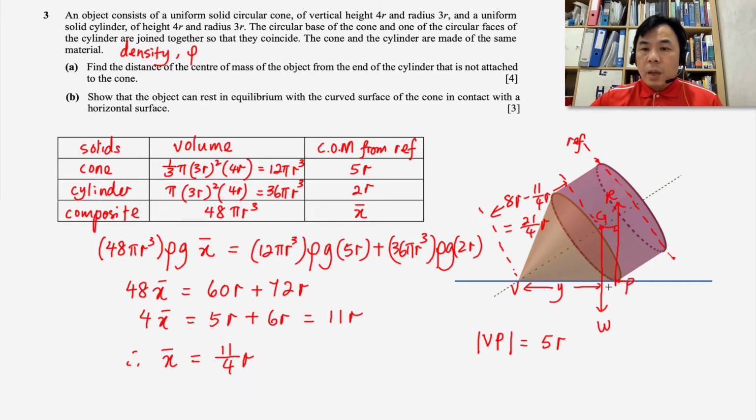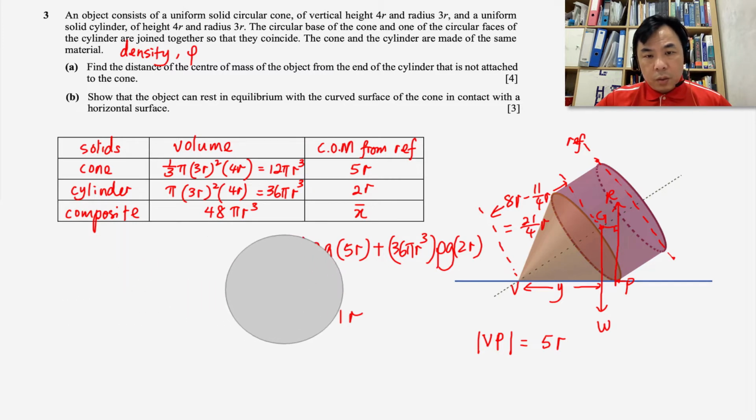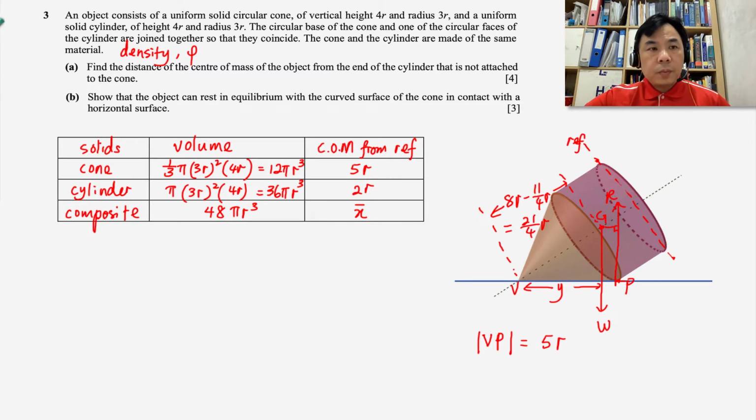All right. And then from here, we're going to check our y. How do we check that? We can apply a bit of trigonometry ratio here. So I'm going to remove this. Now, I'm going to redraw this so that you can see it clearly. I'm going to draw that right-angled triangle. All right. Now you know that this is 4r just now. This is 3r.